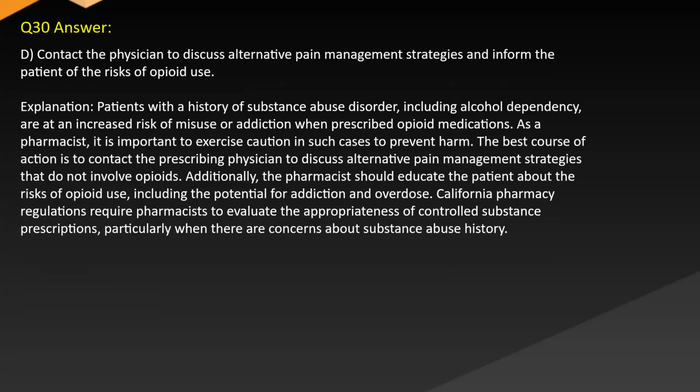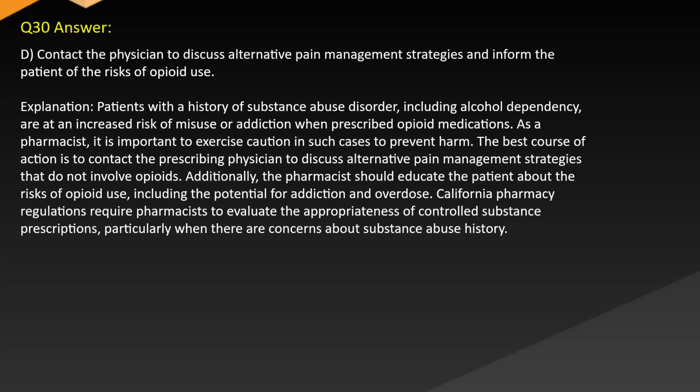Answer: D. Contact the physician to discuss alternative pain management strategies and inform the patient of the risks of opioid use. Explanation: patients with a history of substance abuse disorder, including alcohol dependency, are at an increased risk of misuse or addiction when prescribed opioid medications. As a pharmacist, it is important to exercise caution in such cases to prevent harm.